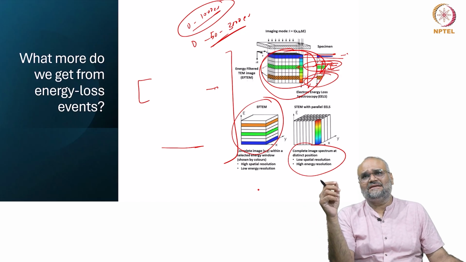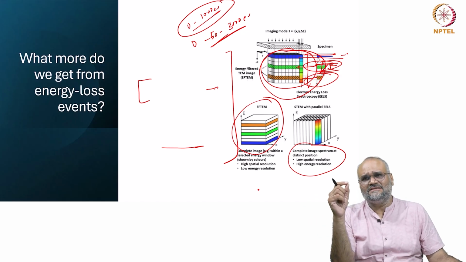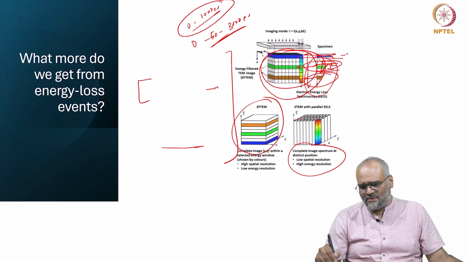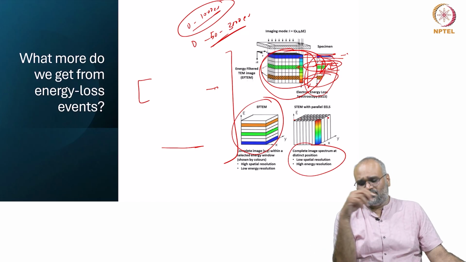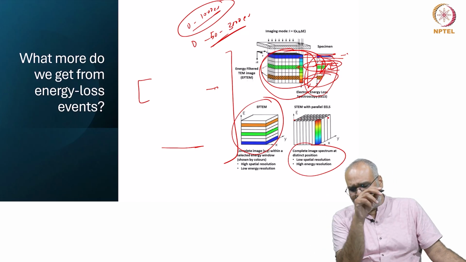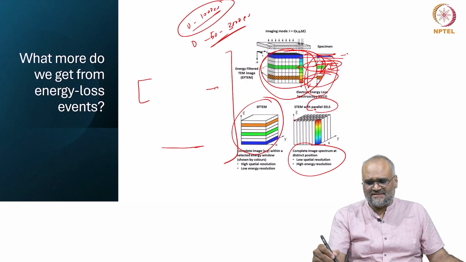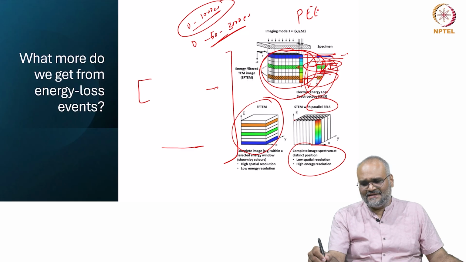You can collect an enormous amount of information across this entire energy range from every pixel, with which you get the STEM image as well as a parallel EELS signal. So this is called parallel EELS spectral imaging.